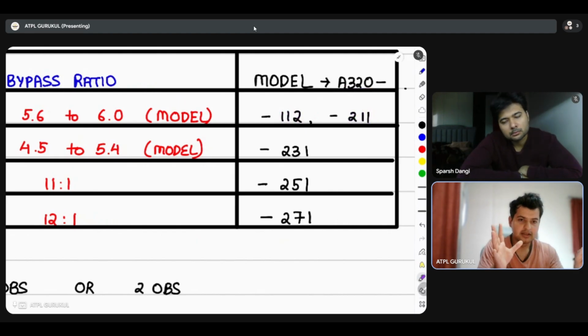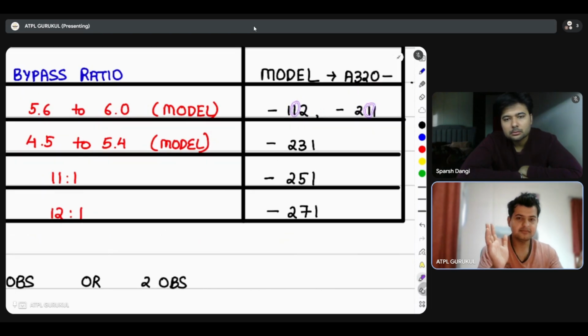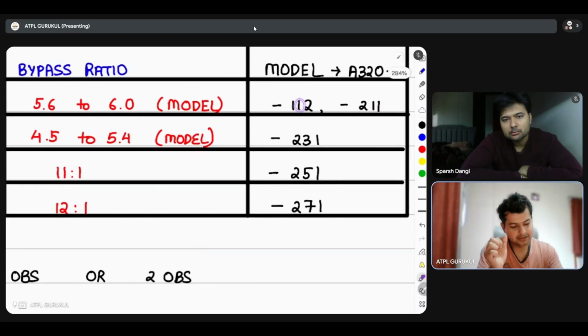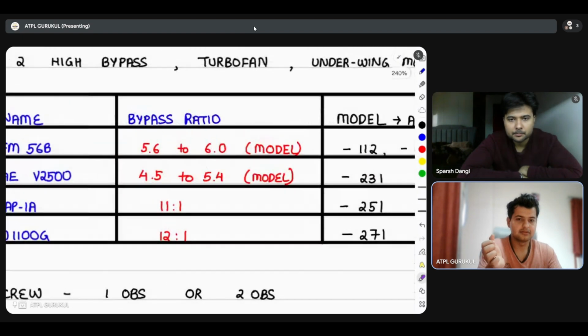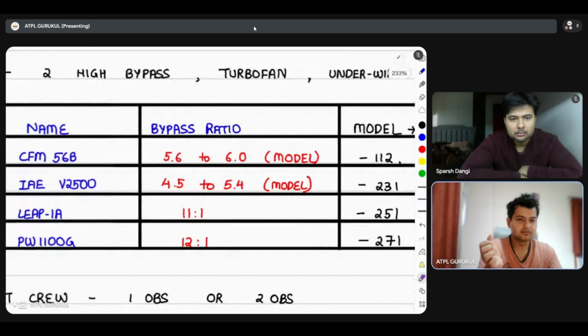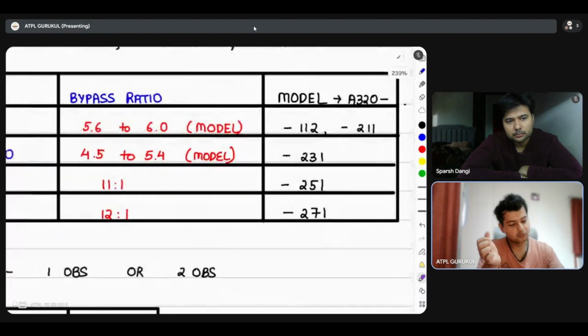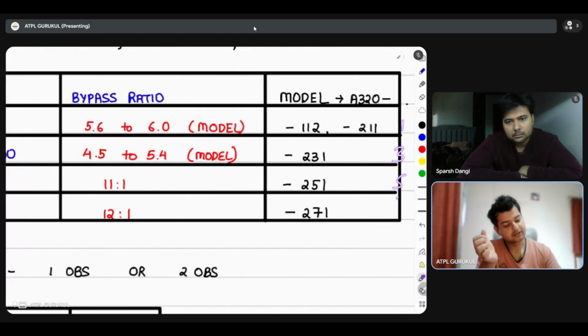I told you please have a look at the second digit. If the second digit is 1, it means it's a CFM engine. If the second digit is 3, it's an IAE engine. Clear? Any doubts? So it's like 1, 3, 5, 7, all odd numbers.